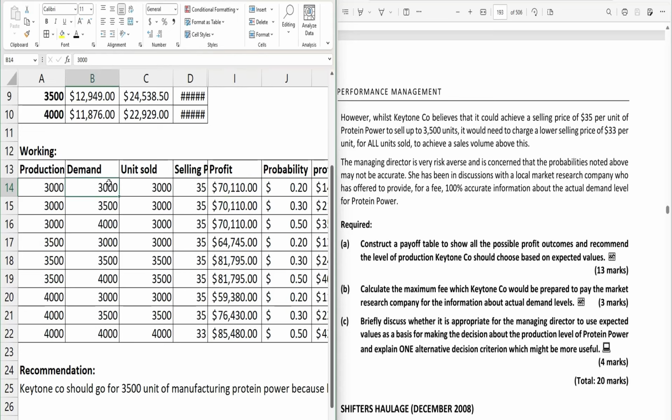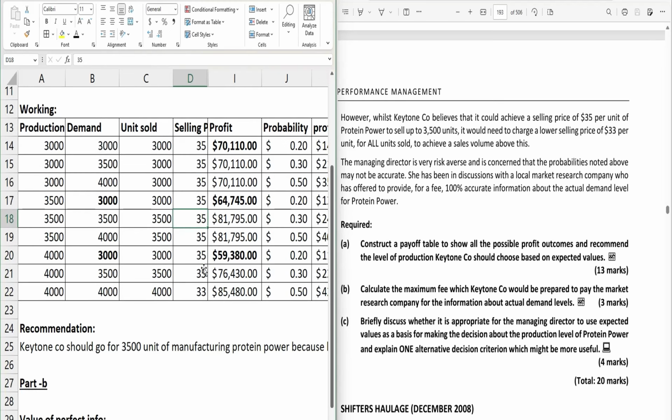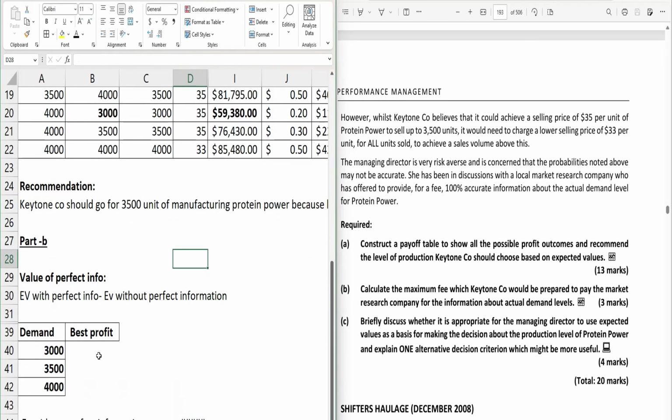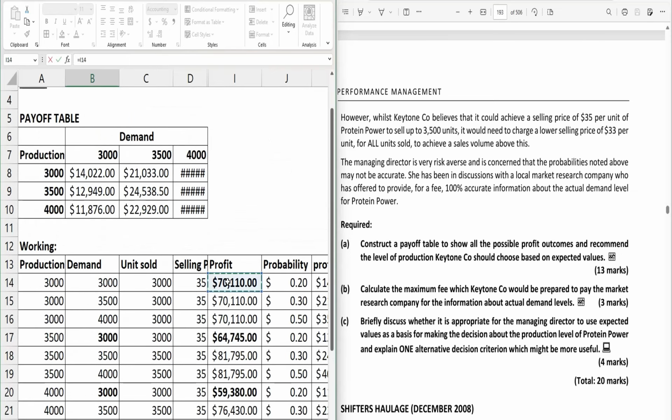So at demand 3000 we have one profit of 70,000, another profit of 64,745, and another profit of 59,380. Among these we will choose the best profit, the highest one, and the highest figure is 70,110. So we will just copy it here, right?